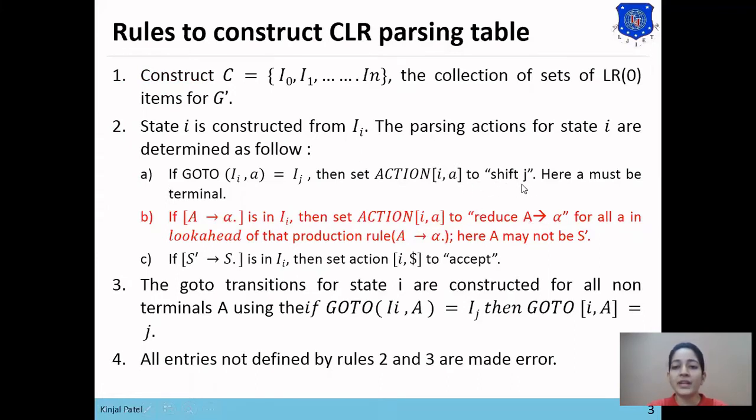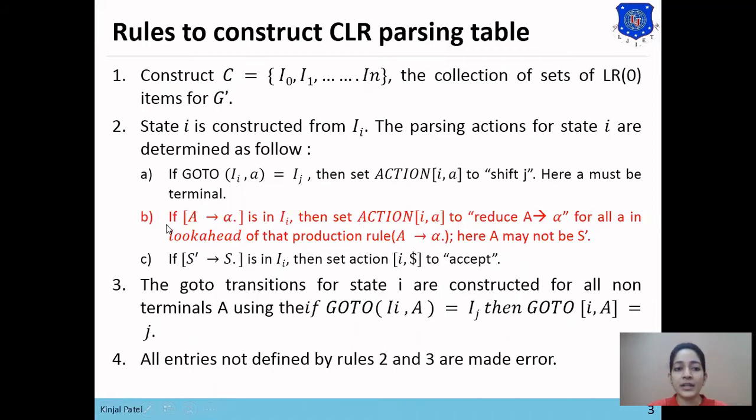The rules for making the shift entry are the same as LR0 and SLR. There is a change only in the rule for reduce. In LR0 we were making the reduce entry in all terminal symbols, and in SLR we were making the reduce entry in follow of A. Now in CLR, as we have found the look ahead for each production rule, and that item set is called the LR1 item set, we'll make the reduce entry in the look ahead of the particular production rule.